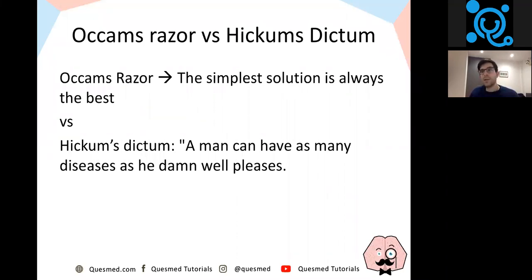So you should try as much as you can to keep things simple and have one diagnosis, but sometimes that's not possible. That comes down to your experience and your ability to weigh and think things through, and not hone in on a diagnosis too early and disregard all the other things.